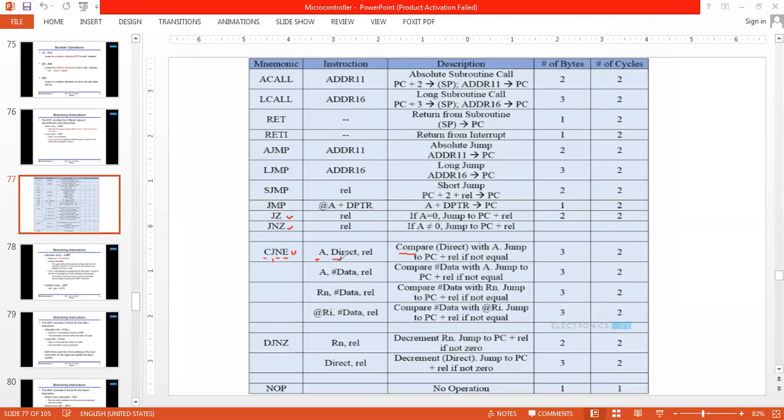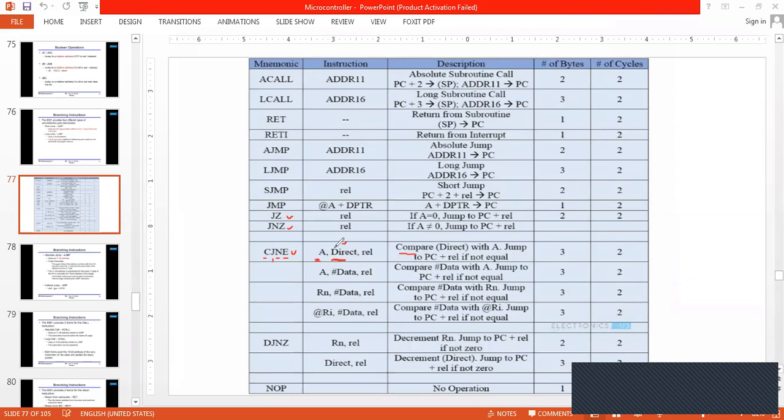So I can write the direct memory location here. Whatever data is present inside the direct memory location address and the A value are going to be compared together. Comparison means A minus the value stored in the direct address.